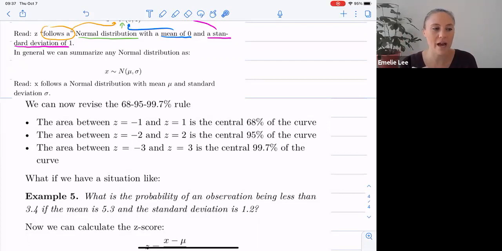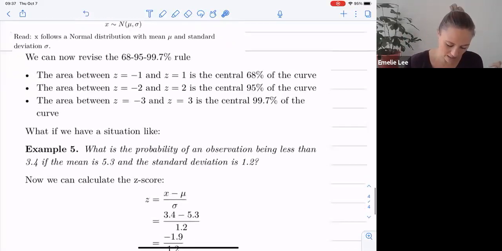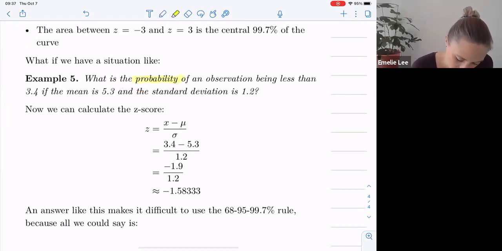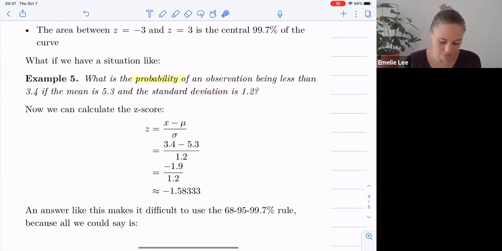Okay, so what if we have a situation like this one? So now, this is the first time that we're asking, okay, what's the probability? Okay, so I'll highlight that. What's the probability of an observation being less than 3.4 if the mean is 5.3 and the standard deviation is 1.2?